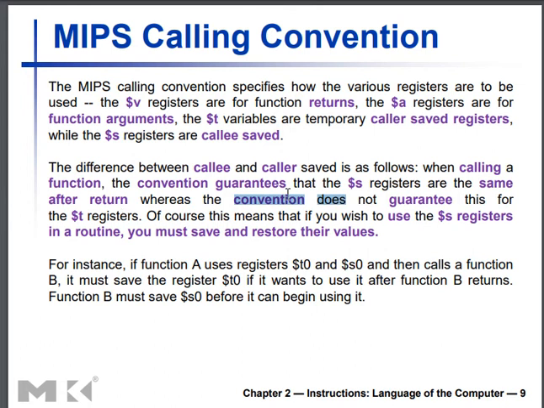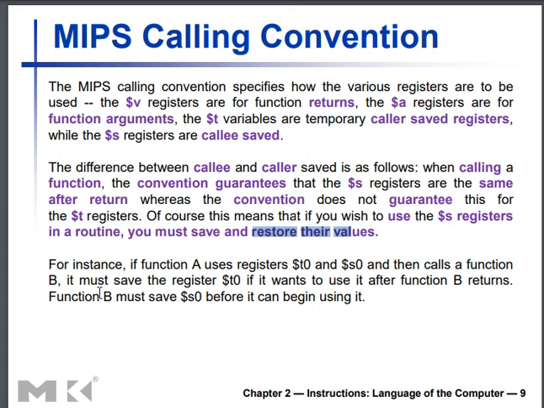So remember that the S registers are going to be the same after the return, but it's not the same case for the T registers, the caller saved registers. This means that if you wish to use the S registers, you must save that value in the stack and then restore the value later. So this is the idea.